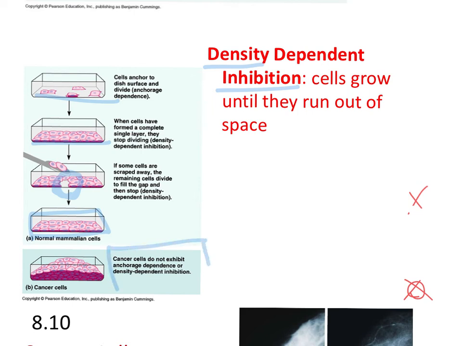However, cancer cells that ignore checkpoints will continue to divide, and they will grow three-dimensionally when there is no space left. So if left for an extended period of time, these cancer cells might spill out of the dish. They're growing, ignoring the fact they're running out of room, whereas normal cells would stop growing once the bottom of the dish is covered because they'd realize they've run out of room.